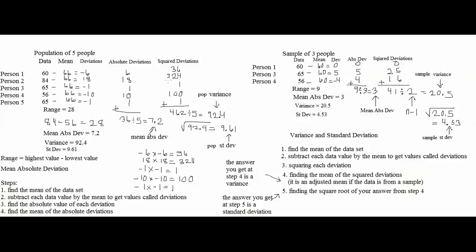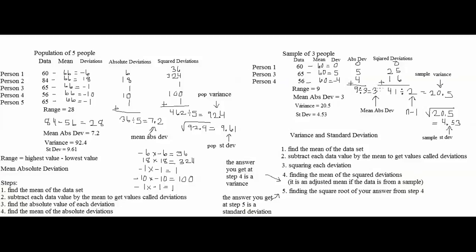The same thing with a sample. The mean absolute deviation right here is the literal average distance from each number to the mean, because if you take these numbers right here, the absolute deviations, and you average them to get the average of 3, you get the average distance from each data value to the mean.